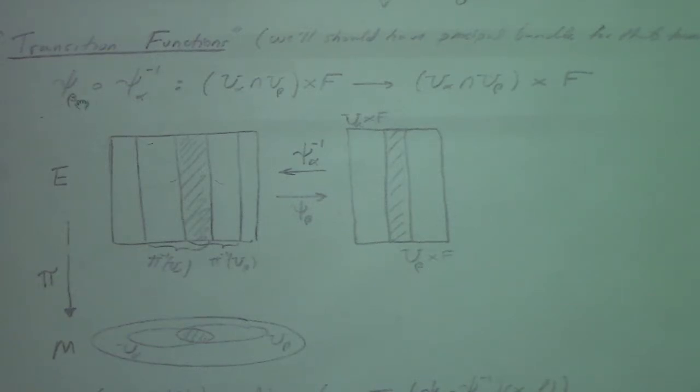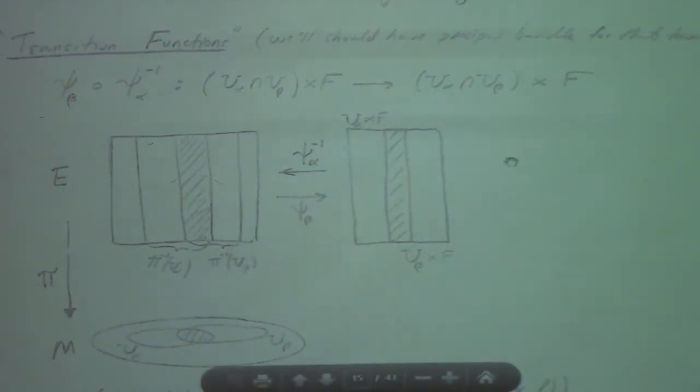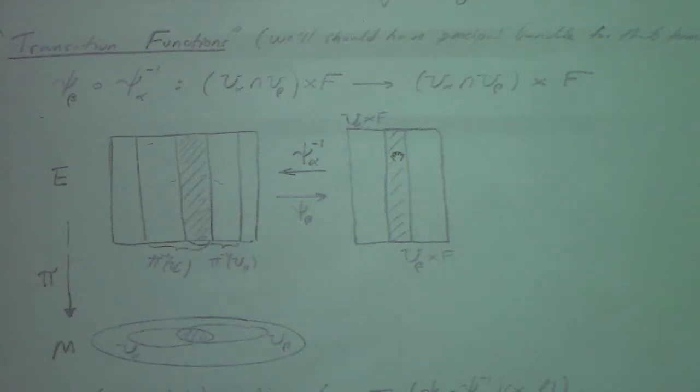But if we were to look at the composition of psi beta and psi alpha inverse, that would be a mapping from what to what? From this back to itself, right? So it goes over here, and then back here. So this is a mapping from the intersection of U alpha and U beta cross F to the intersection of U alpha and U beta cross F. It's that kind of map.